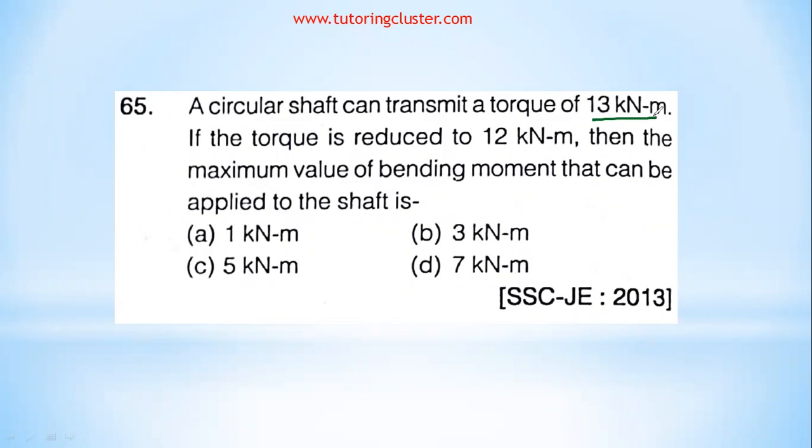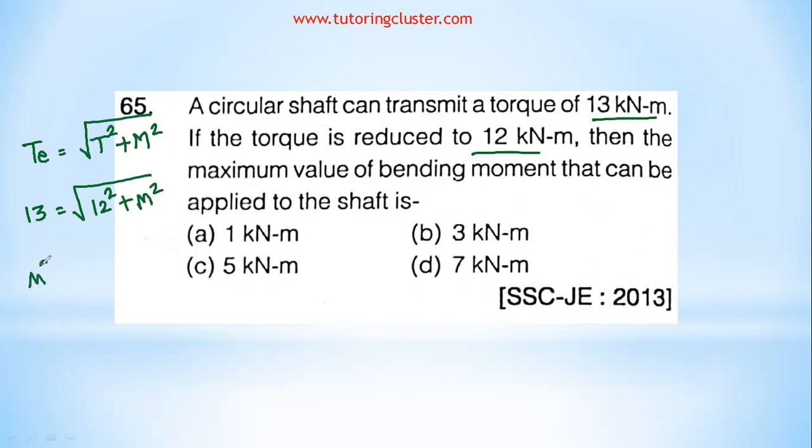Okay, so T equivalent is equal to square root of T square plus M square. So this we know. Now it can transmit a torque of 13 kilonewton meter, so 13 is equal to square root of, the torque is reduced to 12 kilonewton meter, 12 square plus M square.